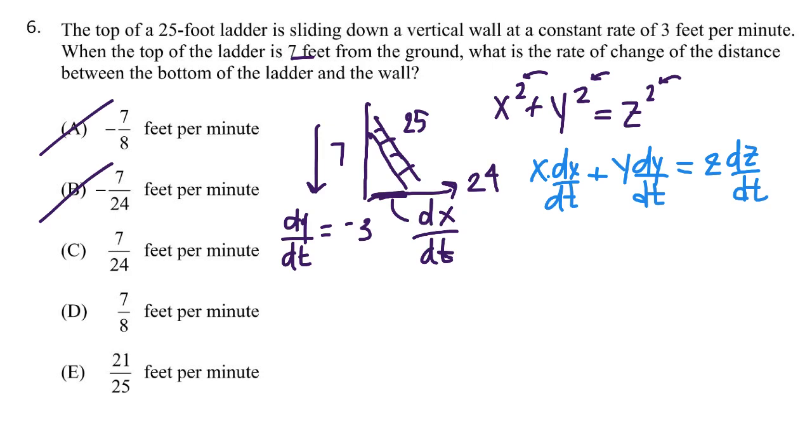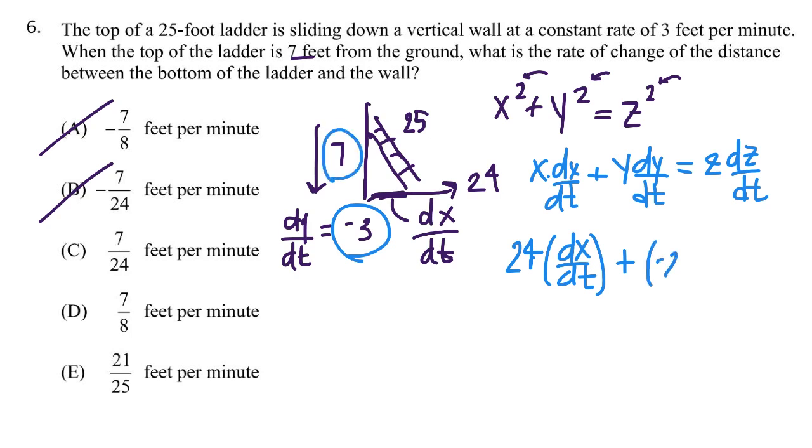And let's start filling in what we know. So we know that side length x, we found that to be 24, and again that's from the Pythagorean Theorem, times the rate of change of that side, that's what we don't know, plus, let's see, -3 times, because that's my dy/dt, times that side length, so that's really going to be a -21 there, equals, and this is the other side, we know that side length is 25, but this ladder's not going to have a rate of change.